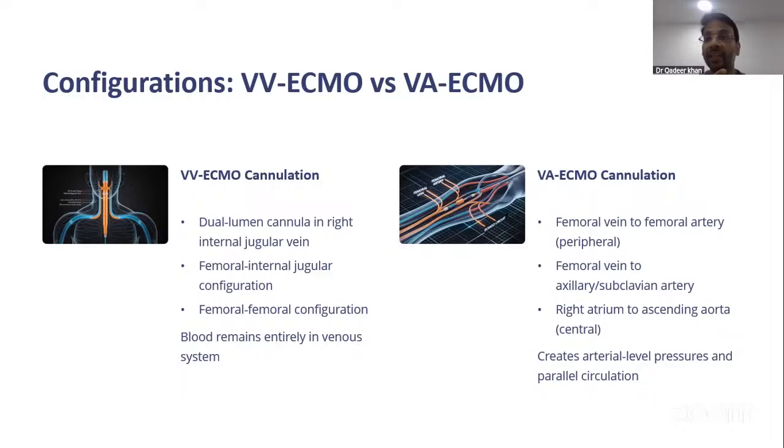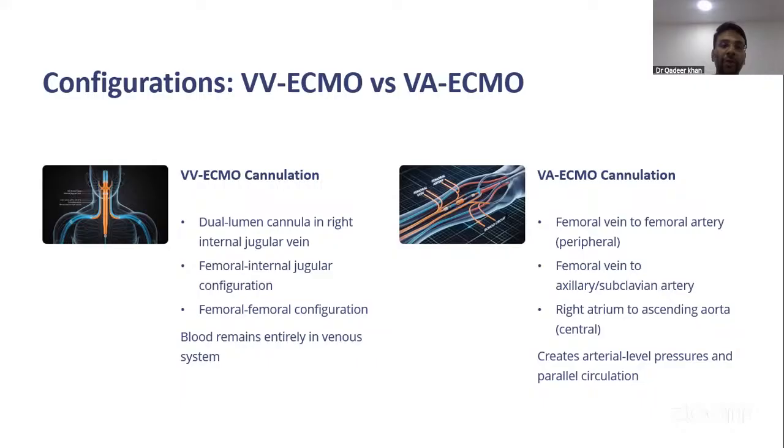The blood goes into the RA, then into the RV and then into the systemic circulation. So VV ECMO is initiated for patients whose cardiac function is good, or even if the cardiac function is mildly impaired because of the acidosis or other conditions, when we initiate because of the hypoxia. When the hypoxia is corrected, maybe the cardiac function will also improve. So the drainage will be through the femoral and the return will be through the internal jugular.